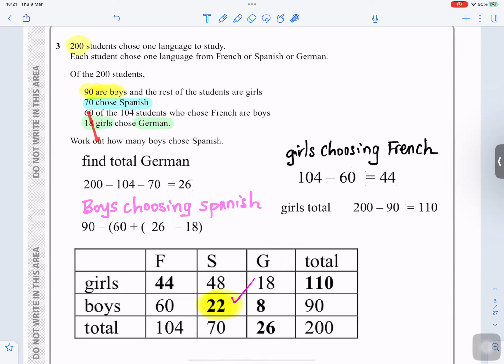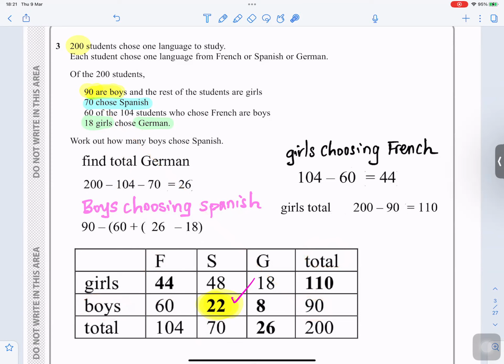So 60 would come here for boys who chose French. 70 chose Spanish. 70 will come under Spanish for the total. And then 90 are boys and the rest of the students are girls. The total for boys is 90. And then the rest are girls.